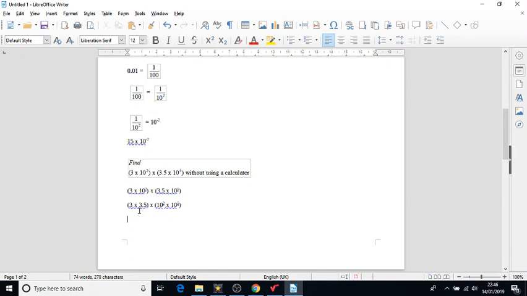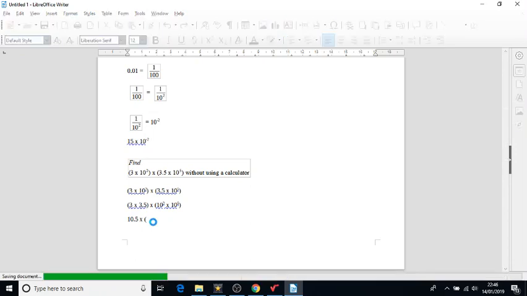Now, we work out 3 multiplied by 3.5. You've got your 10.5 here. And here, 10 to the power of 2 times 10 to the power of 5. In case you don't know the rules of indices, when you're multiplying powers together, you wouldn't multiply 2 by 5. You add the indices together.